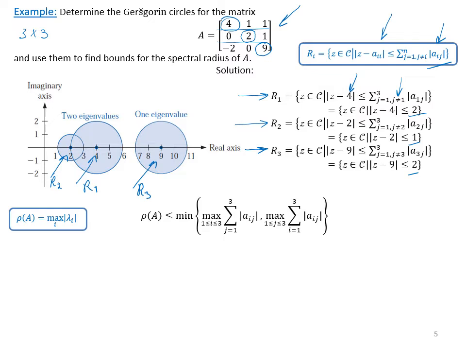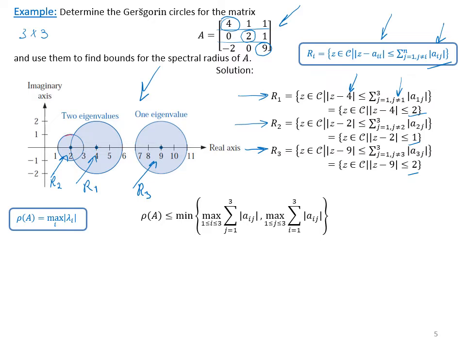So, if we look at the picture here, we can notice that R1 and R2 are disjoint from R3. What does it mean? It means that there are precisely 2 eigenvalues within the union of R1 and R2.